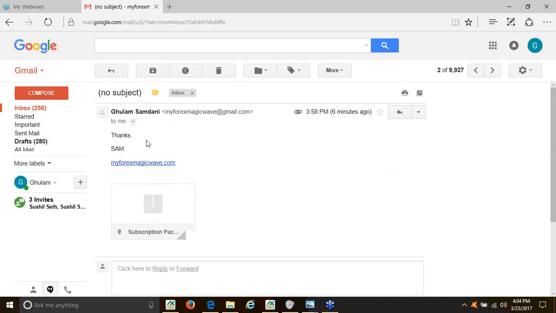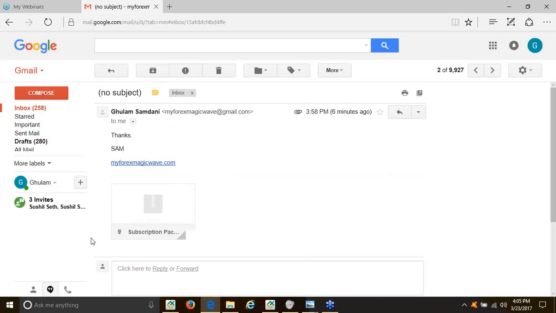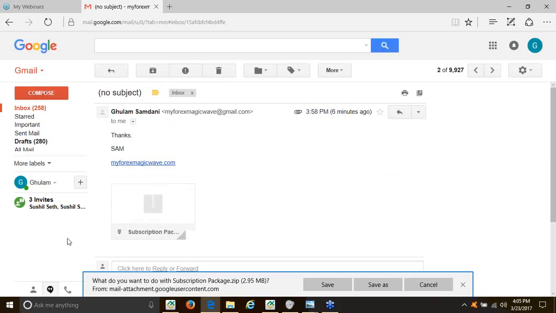Okay, let me remove this box from here. So I'm going to download here. This is the downloading, and it starts. It says save or save as, whatever. You get a message. I just press the download button. It's a zip folder, right?